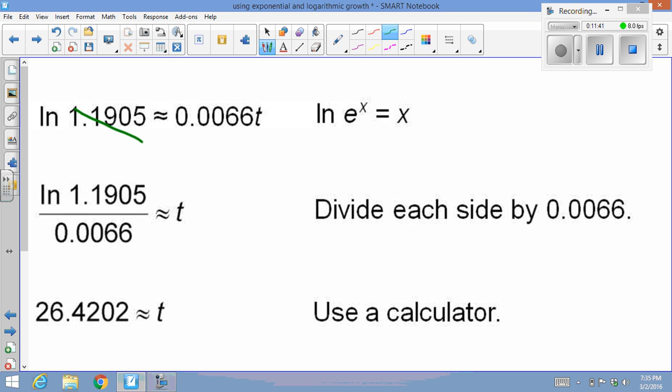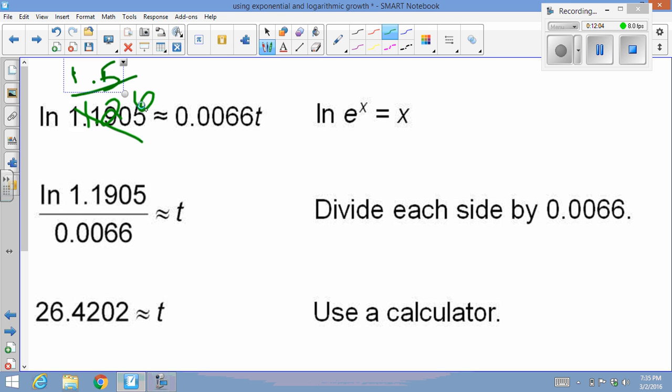I would rather you leave it as the natural log of 1.5 divided by 1.26 and wait until the very end to actually do that math. Then you're going to have the natural log of 1.5 divided by 1.26, divided by 0.0066, which would be 26.420.